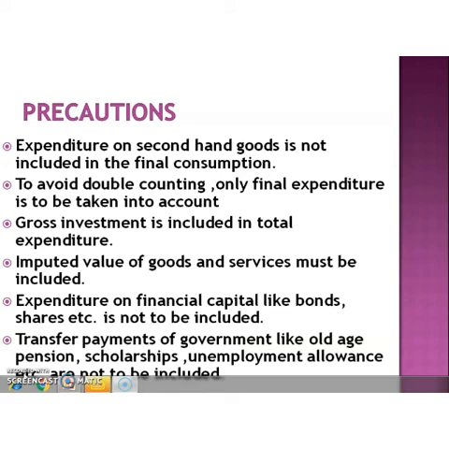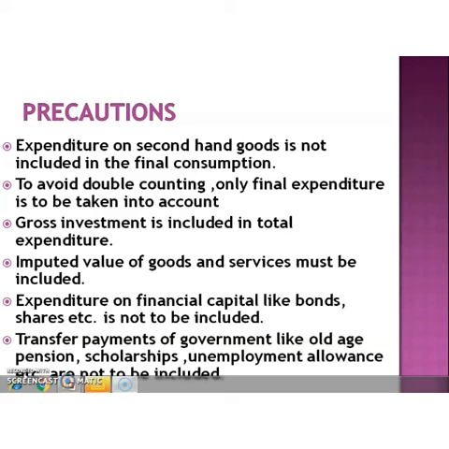Then the next, imputed value of goods and services must be taken into account. Then the next, expenditure on acquisition of financial capital, that is purchase and sale of bonds and shares, etc., is not to be included in the national income because they are mere paper claims.